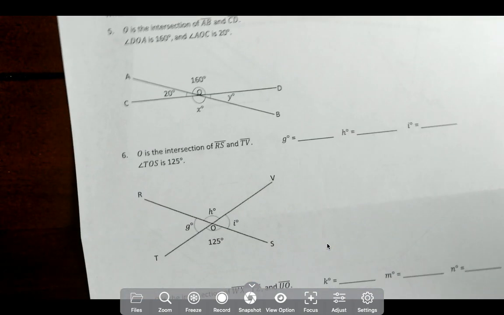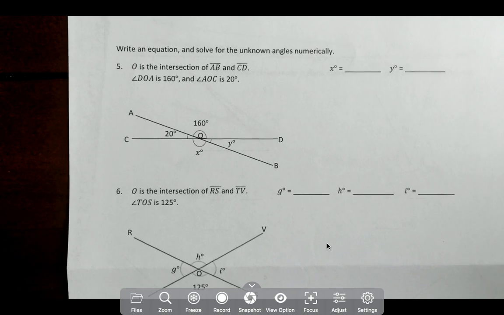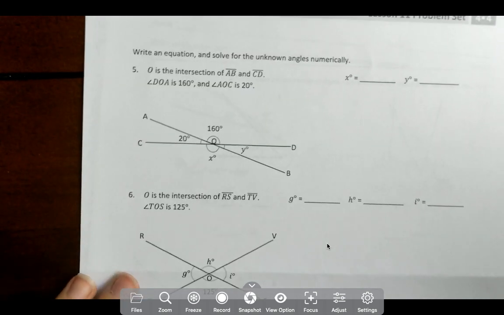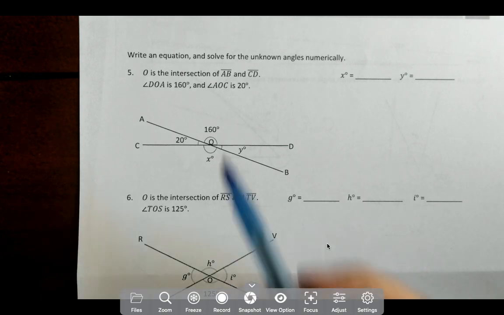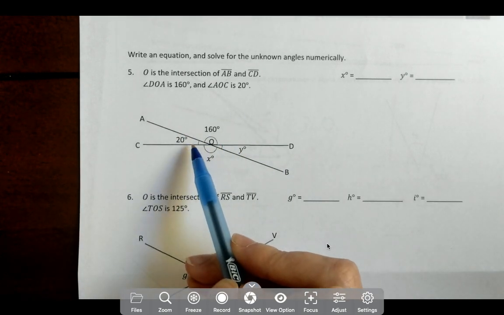And now we're going to number 5. Number 5, I'm going to give you some information. O is the intersection of line AB and CD. So we have intersecting lines. Intersecting lines have angles.